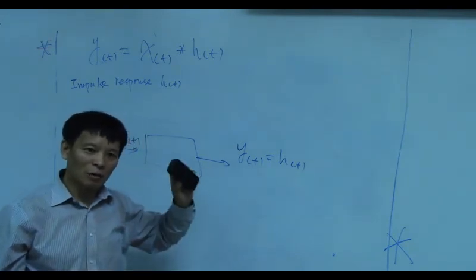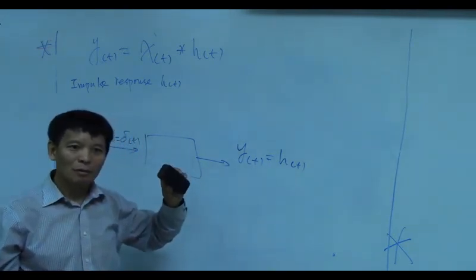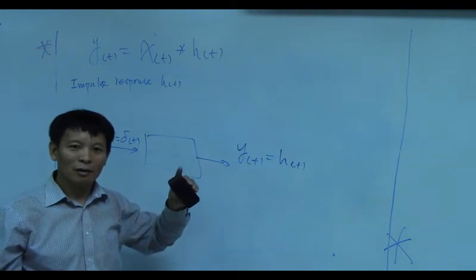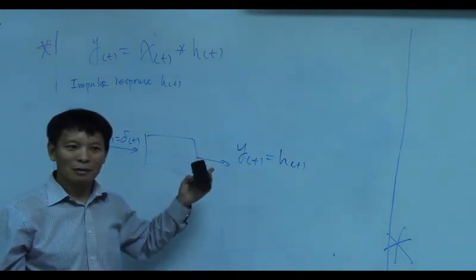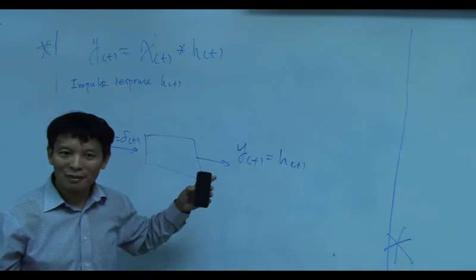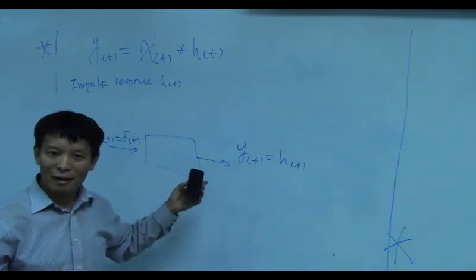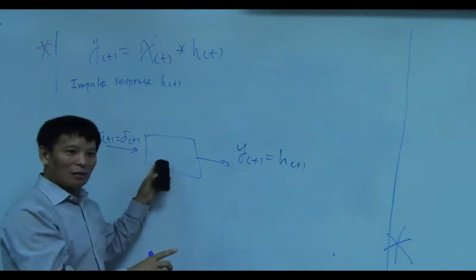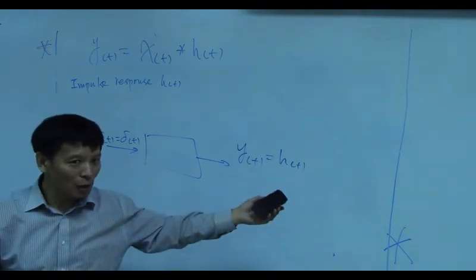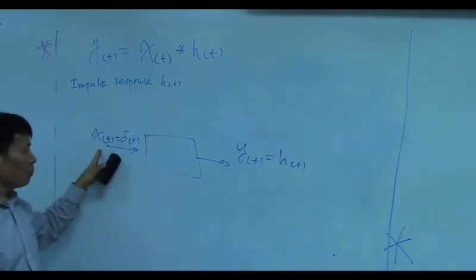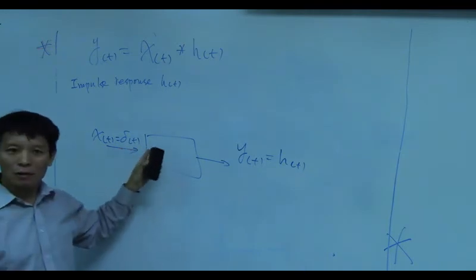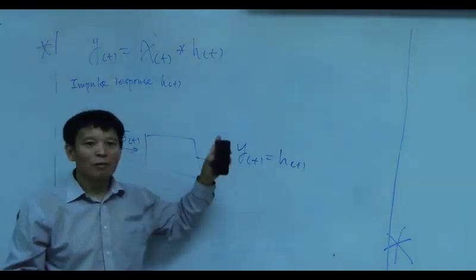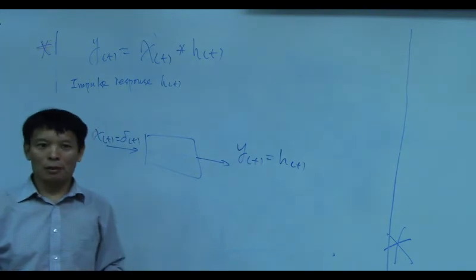Okay, now I give you a quiz. If you're not clear, ask me questions. What is the impulse response? That means you have a system here. I ask you, what is the impulse response? You just let the input equal the impulse, then the output will be the impulse response.